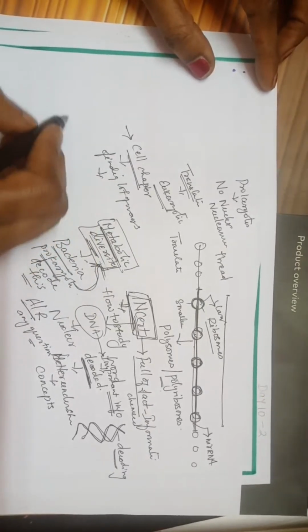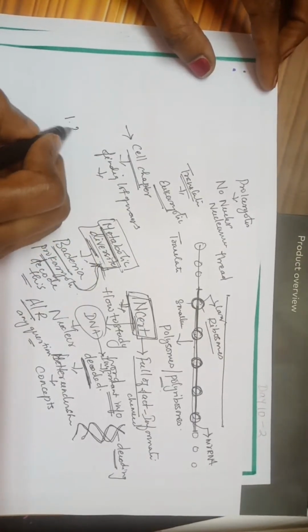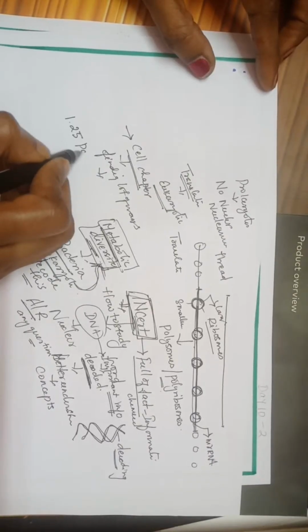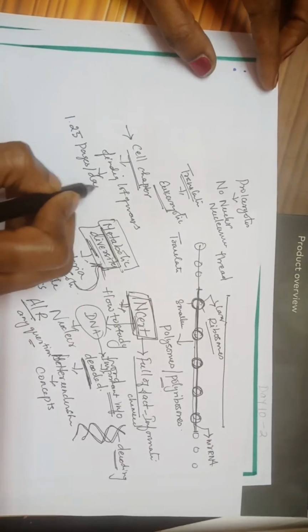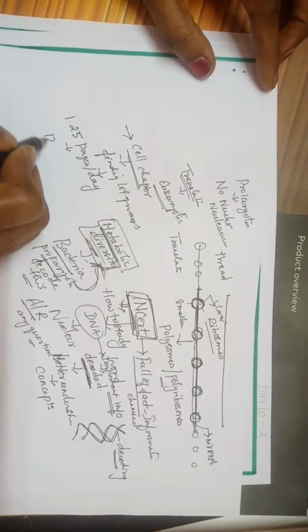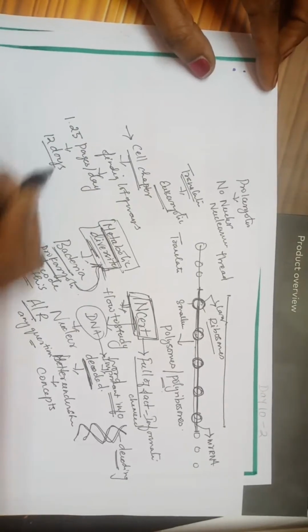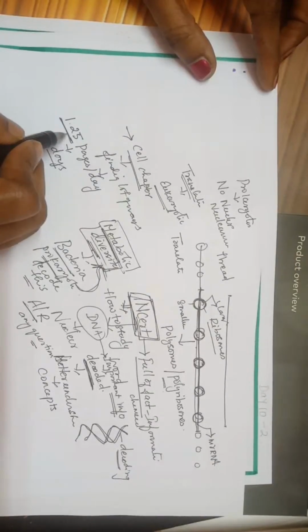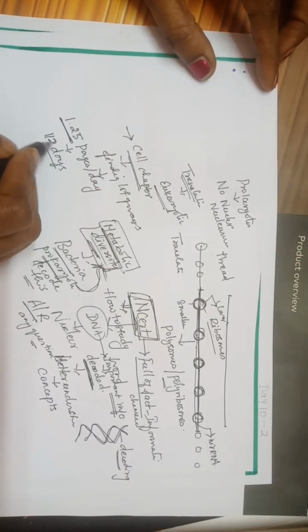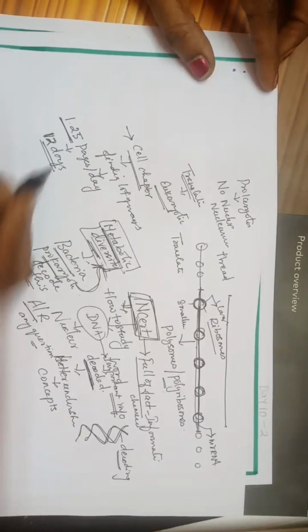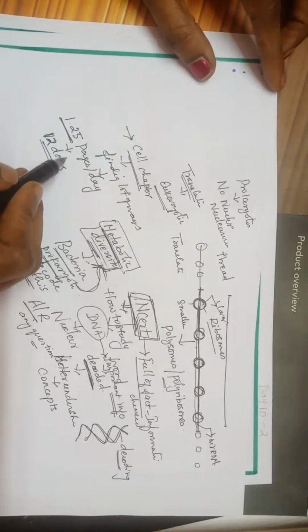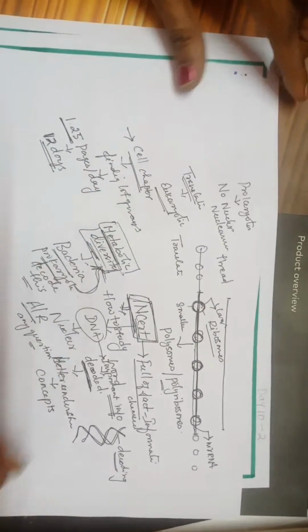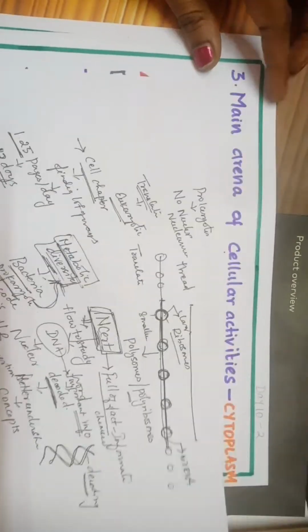Try this out and check whether it works for you. Reading 1.25 pages per day, you can finish off the cell chapter thoroughly in around 12 days. Try this and tell me how it works for you, how much you are able to complete in 12 days.